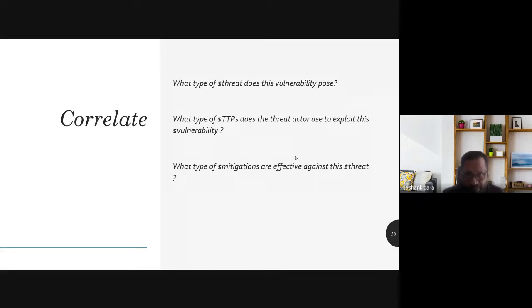But does log4j pose denial of service, or does it pose remote code execution, or what is the threat from this particular vulnerability? Now, some advisories might give this for popular vulnerabilities like log4j, but what about the 1 million or so?